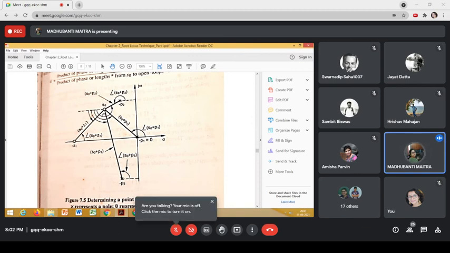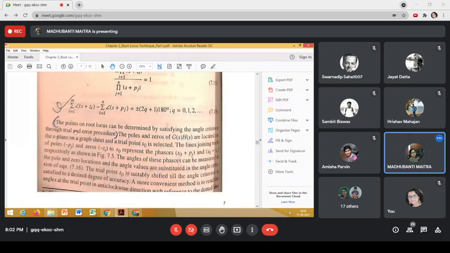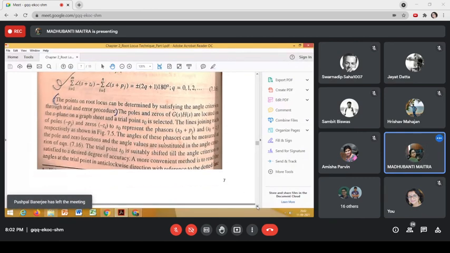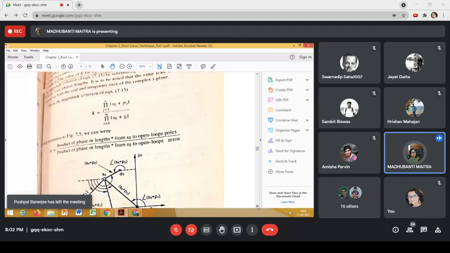And if we join all those points with the help of a smooth line, then we'll get the complete root locus of the system. So the construction of the root locus is a trial and error procedure.